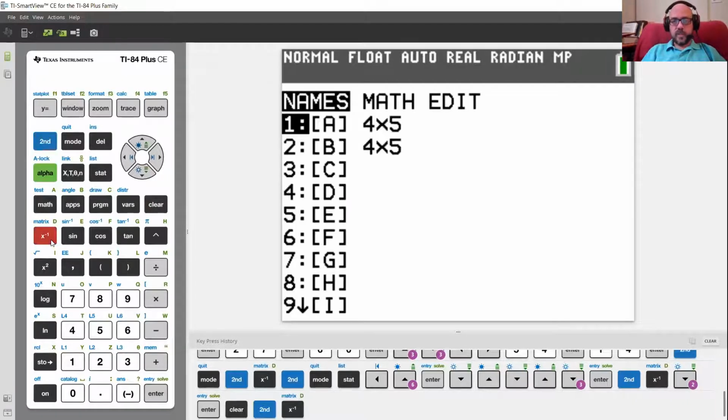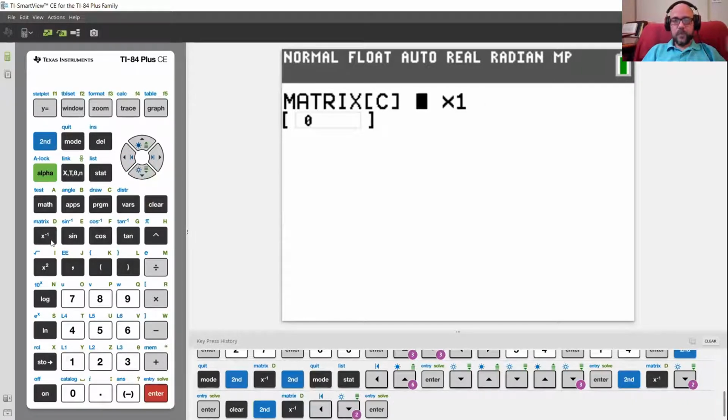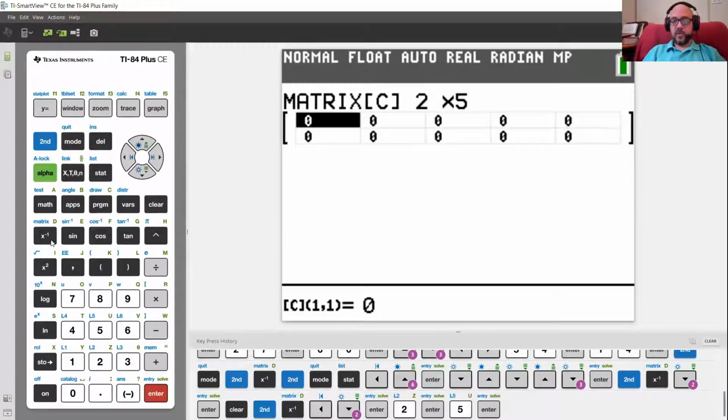So I'm going to go to edit and C. And so here's what I'm going to do. I'm going to have 2 rows this time with 5 categories. And those 2 rows are going to be for adults and children, right? So this is going to be a 2x5 matrix. And I'm going to put all the adults into the top row and all the children into the bottom row.